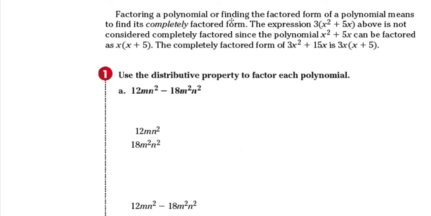Factoring a polynomial or finding the factored form of a polynomial means to find its completely factored form. So the expression 3 times the quantity x squared plus 5x above is not considered to be completely factored, since the polynomial x squared plus 5x can be factored as x times the quantity x plus 5. So again, we define another important term here, and you need to write this down.